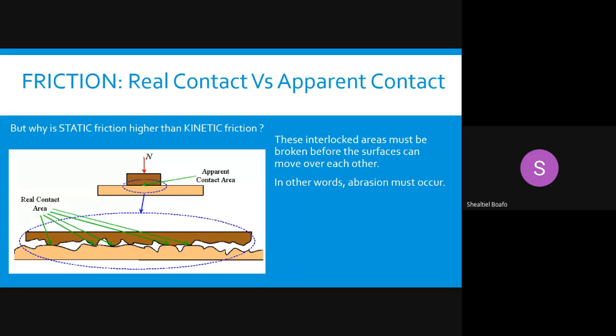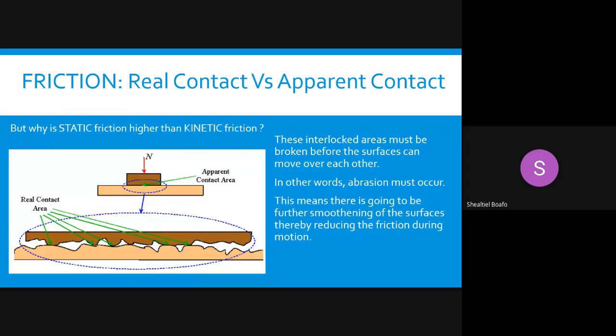Okay. Then we also said that this means there's further smoothing between the two surfaces, reducing friction during motion. Once there's breaking of interlocking between the two surfaces, there's going to be smoothing because the surfaces are not as rough as they used to be.